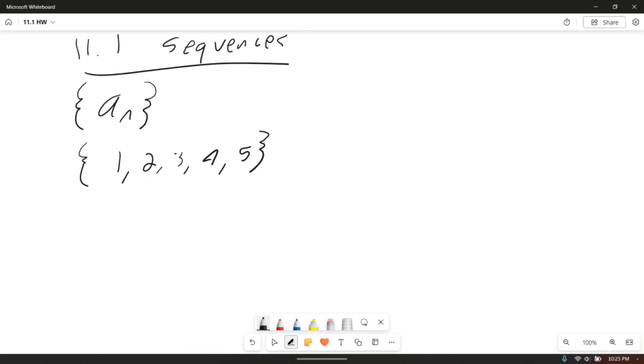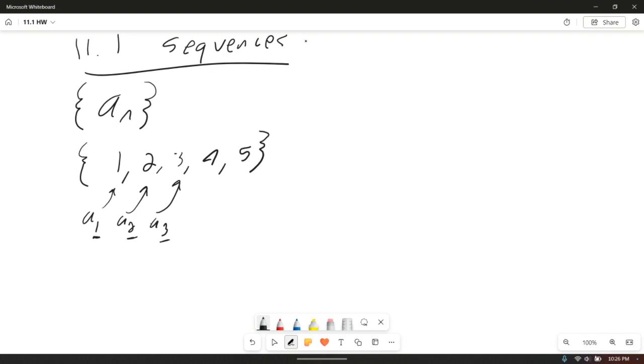So 1 could be a sub 1, 2 is a sub 2, 3 is a sub 3, with the n subscript referring to which number in the sequence it is.